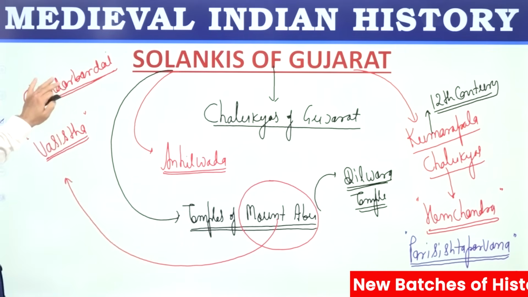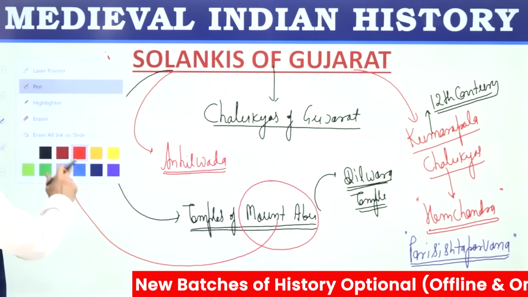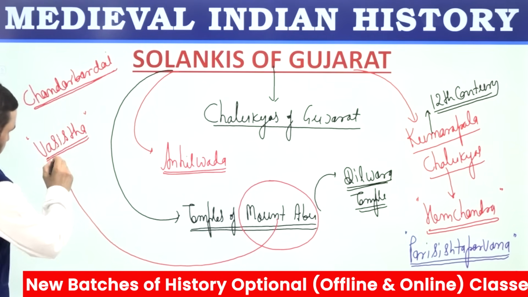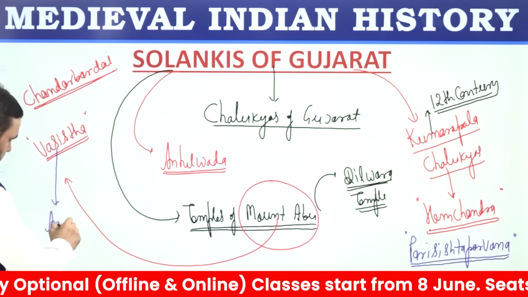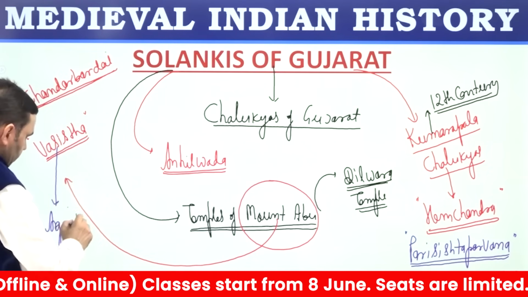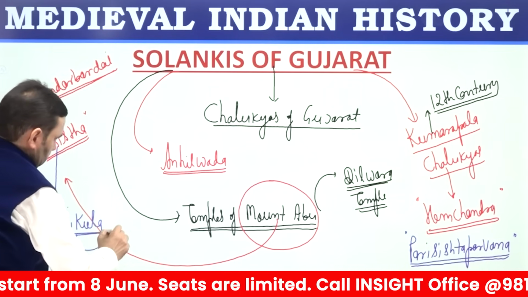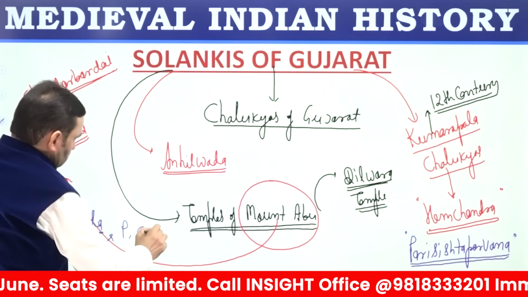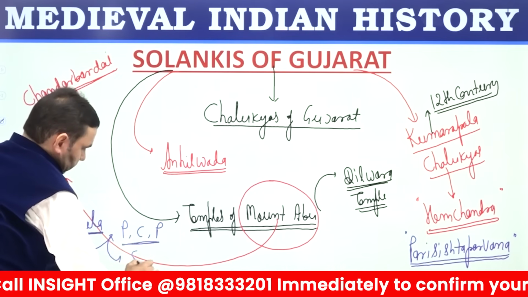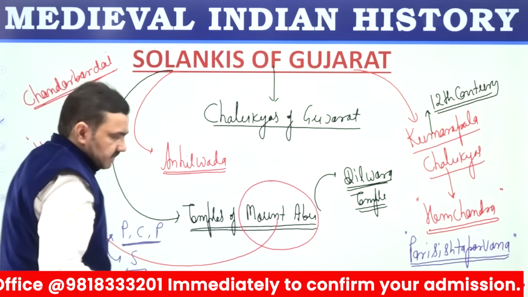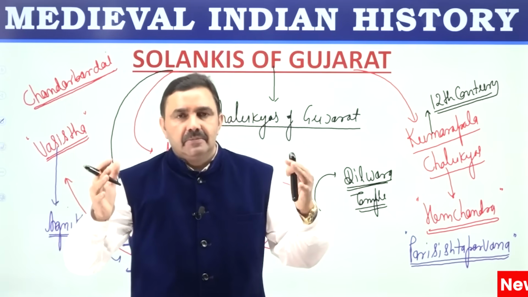So in the book written by Chandarbardai with the name Prithviraj Raso, it is mentioned that a sacrifice was performed by Vasisht at Mount Abu, and from the fire of the sacrifice, 4 Rajput families, or the founders of 4 Rajput families, emerged.